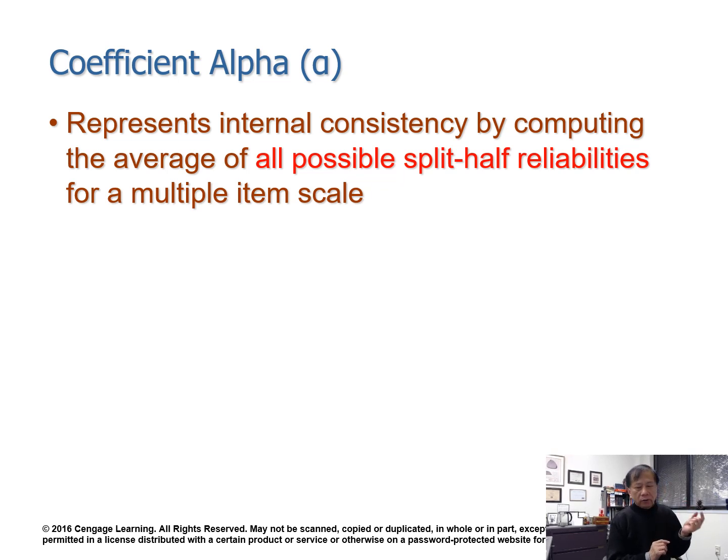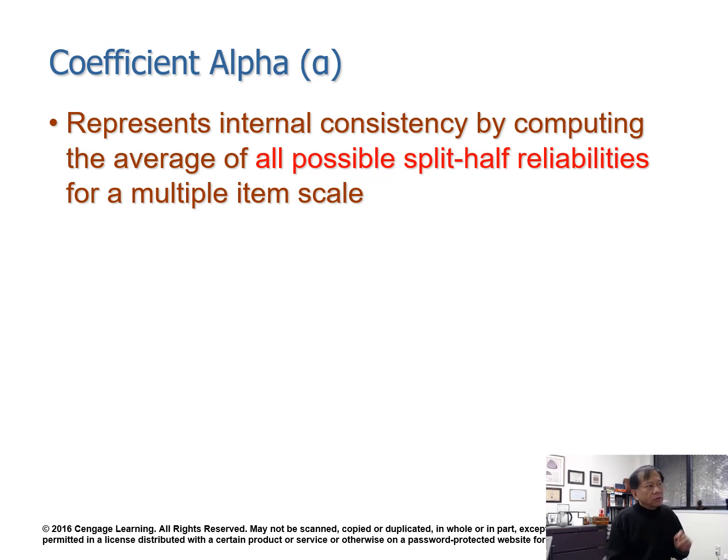In calculating coefficient alpha, you do all possible split-half reliabilities: you do all possible ways to split the measures in half and calculate the reliabilities. You come up with the coefficient alpha, or Cronbach's alpha.